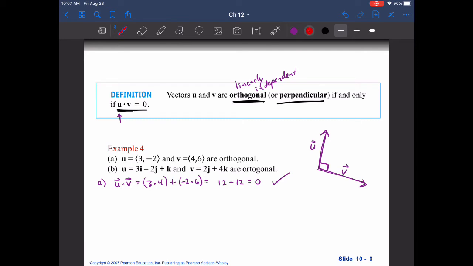No matter how much I try to move in the positive or negative v direction, I'm never going to move even a single centimeter or millimeter or atom in the direction of u. They are totally independent of each other. They are linearly independent. The only way I can use v to get u is to do some sort of rotation to it. I can't just scale it linearly and get any amount of any motion in u.